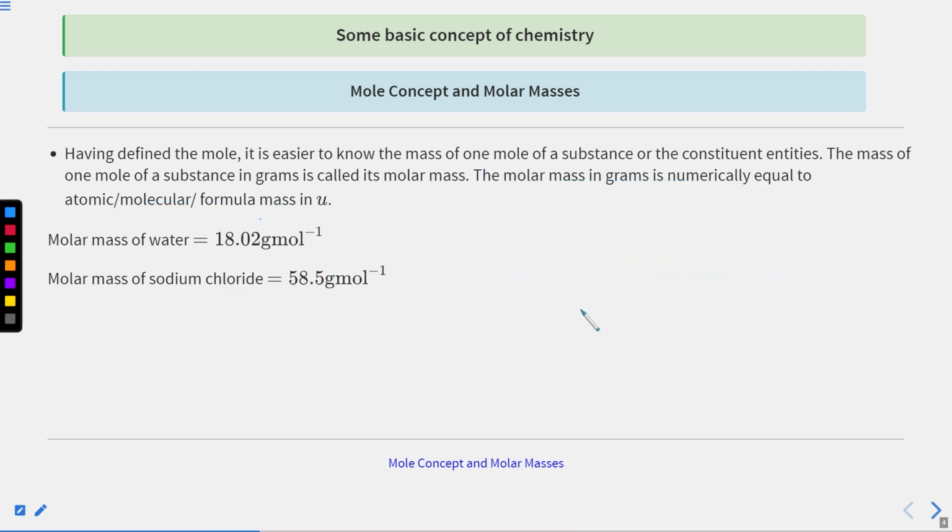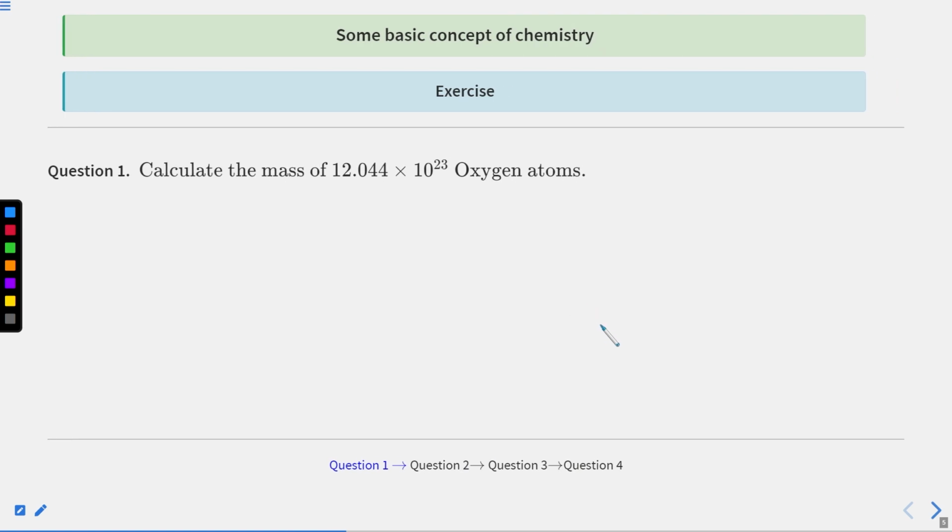Now let us do some questions on the mole concept. The first question says we have to calculate the mass of 12.044 into 10 to the power 23 oxygen atoms.